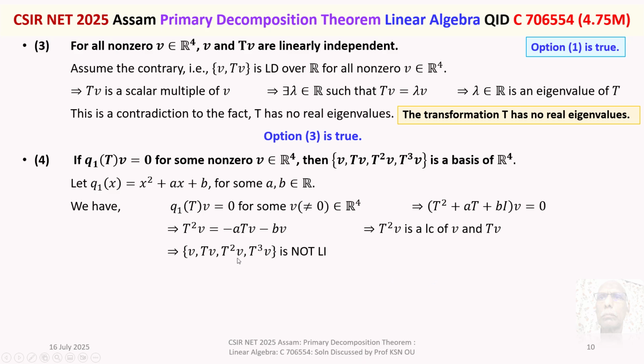T squared V is a linear combination of V and TV, and thereby this becomes linearly dependent, so it cannot qualify to be a basis. Therefore, this set is not a basis of R^4. Therefore, option 4 is not true.